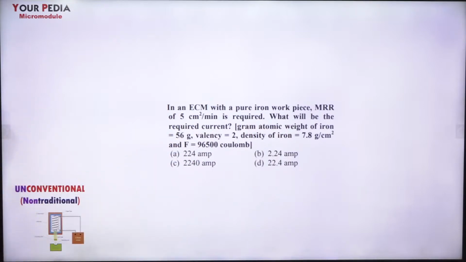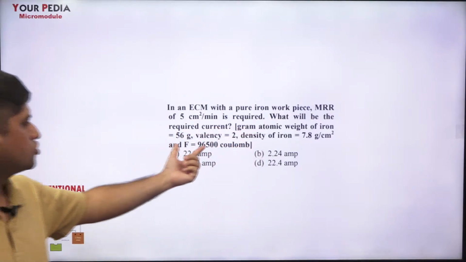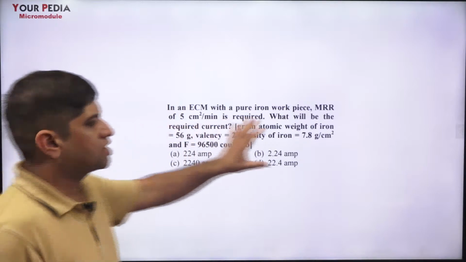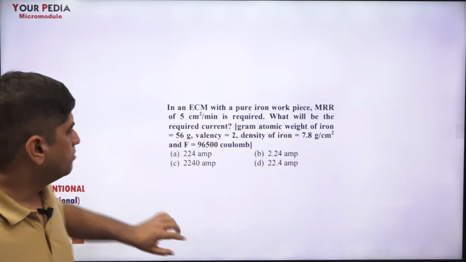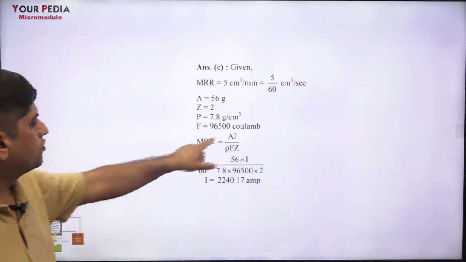For iron, 56 is the atomic weight, the valency of iron is 2, the density of iron is also given, and Faraday's constant, 96500 coulomb, is also given. So he will give you all these values and ask what the current will be for a particular material removal rate. There is a formula between material removal rate and current.